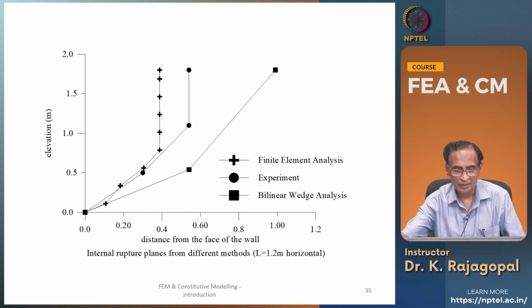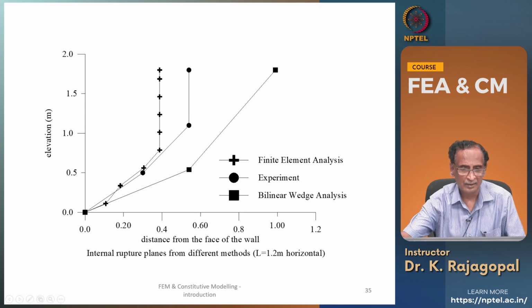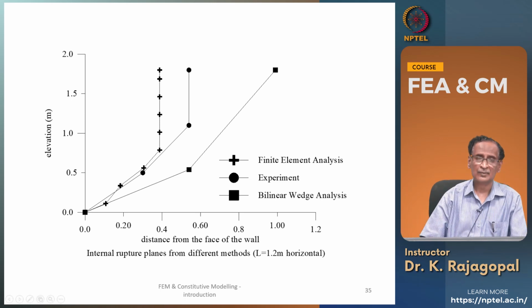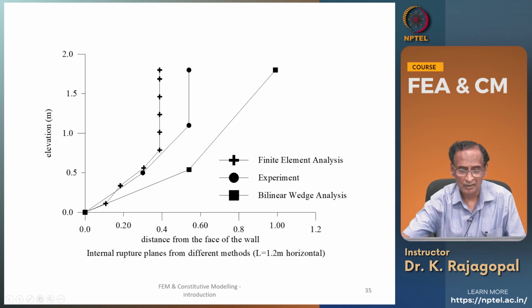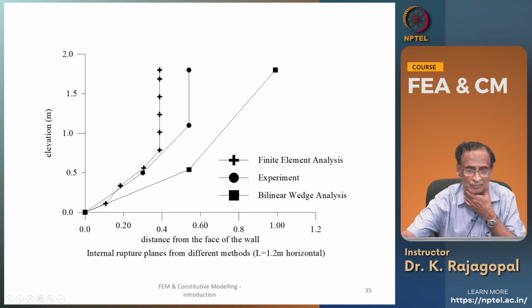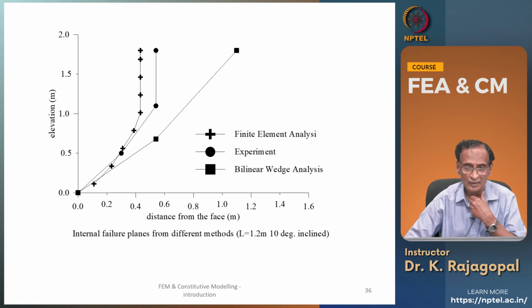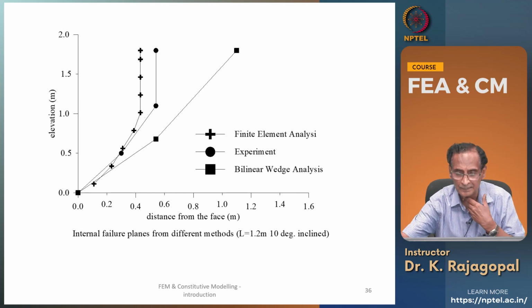And these are the locations of the peak strains within the soil nails. And this particular one is from bilinear wedge analysis. It is totally different, and this particular one is the measured one from the laboratory test, and this is from our finite element analysis, and different for different inclinations and different lengths of reinforcements.